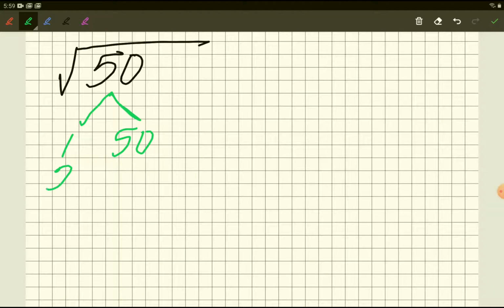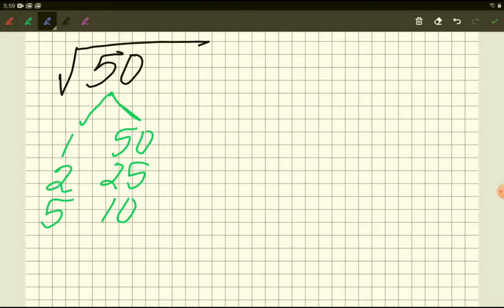So 1 and 50, 2 and 25, 3 does not go in, 4 does not go in, 5 goes in 10 times, 5 times 10. 6 does not go in, 7, no, 8, no, 9, no, 10, and well, we have 10 and 5. So we're done with our tree.